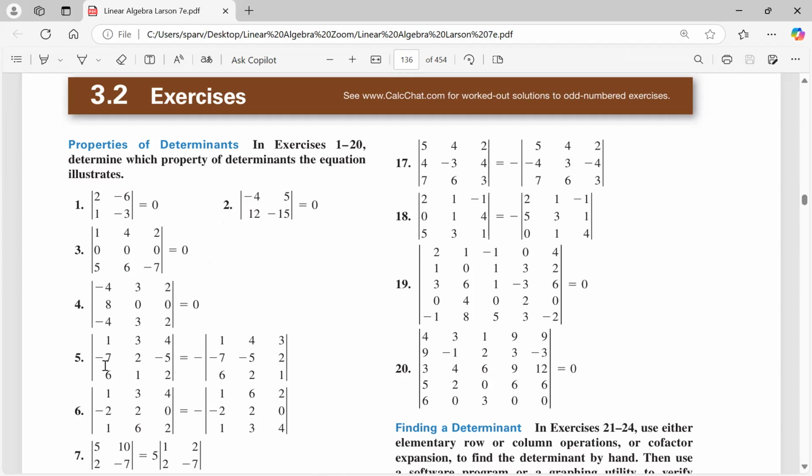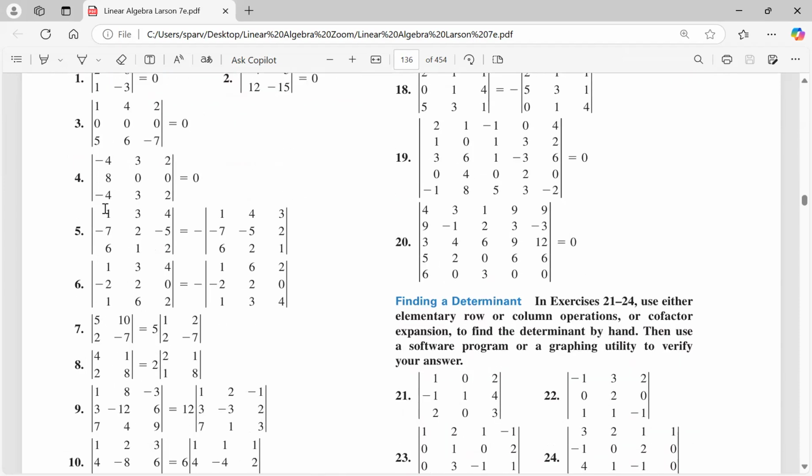What property does this illustrate? What has he done? This determinant is the negative of this determinant. They're all equal, by the way. You get the same results. So he must have done one of those elementary row operations where he had to put a negative in front of it to compensate for what he has done. What do you think he has done in number 5? This is the original matrix. This is after he manipulated it using elementary row operations, or it could have been column operations. What do you think he's done?